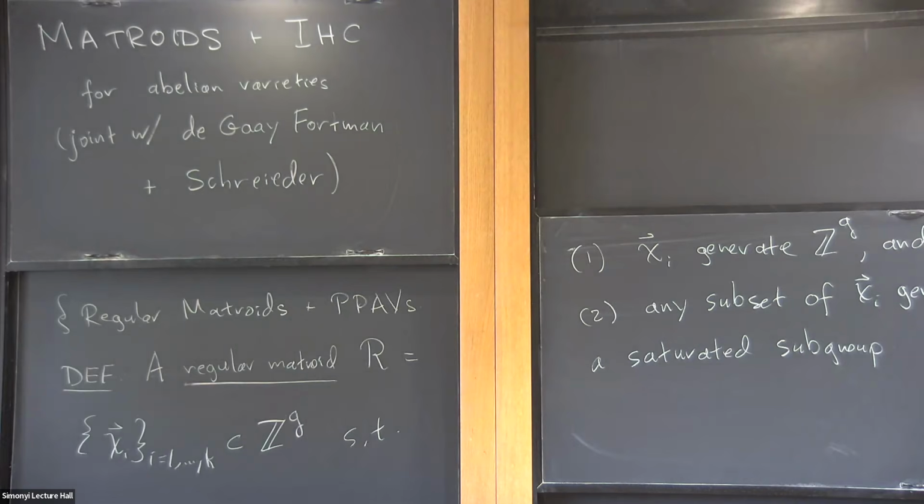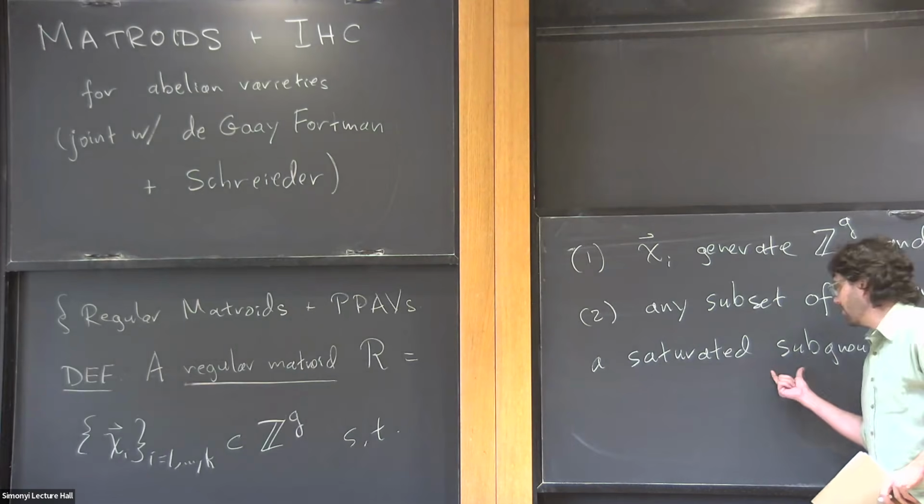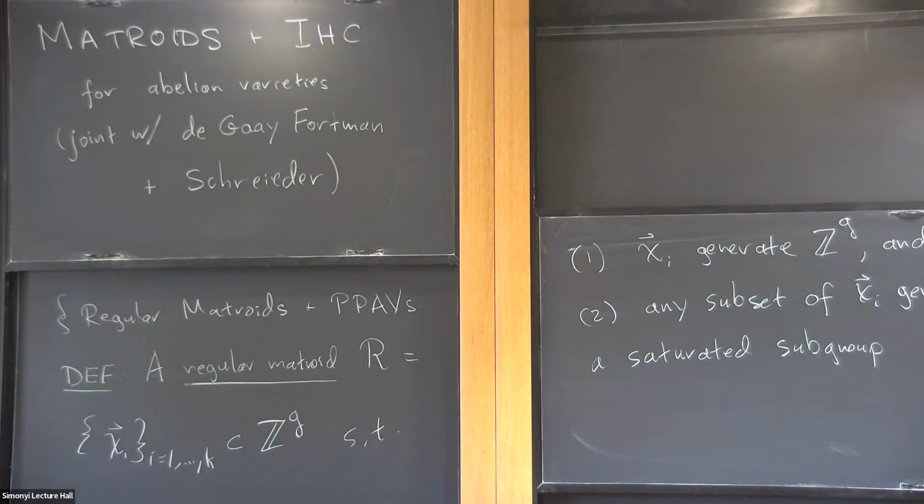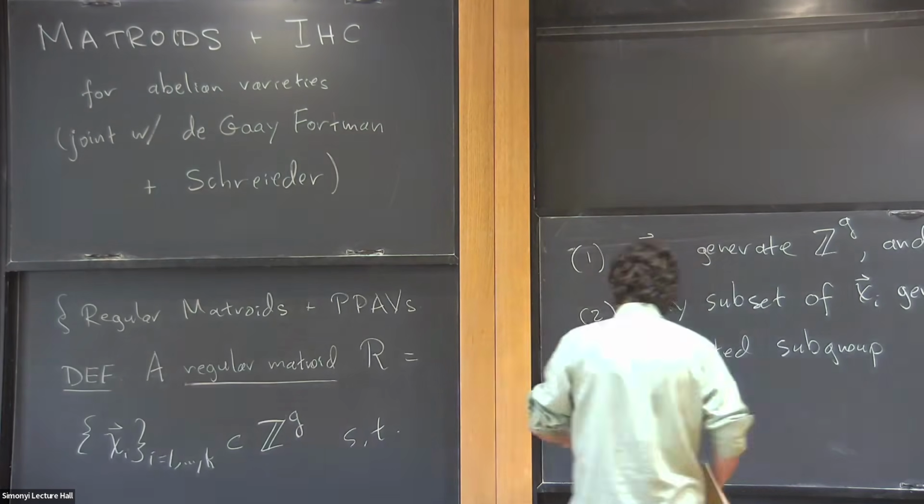Okay, so by saturated subgroup, we mean if we quotient by this subgroup, then the quotient is torsion-free. Okay, so what are some examples?